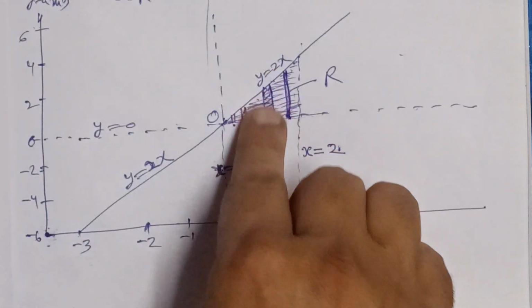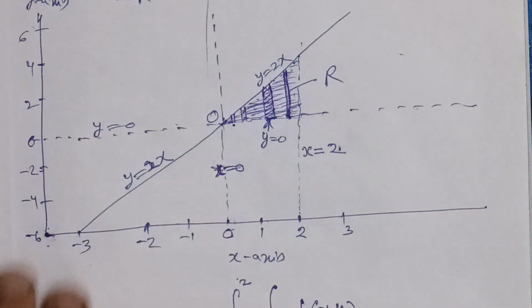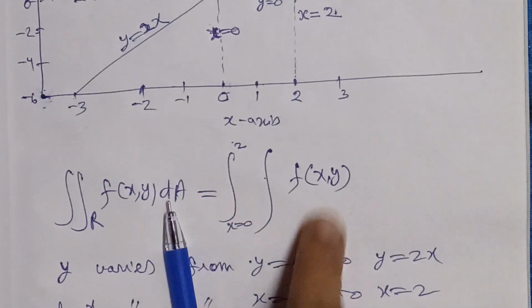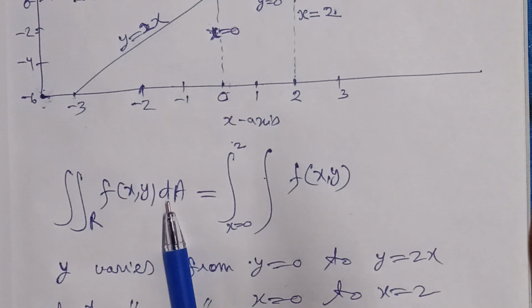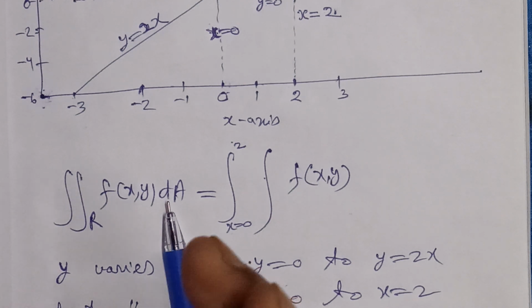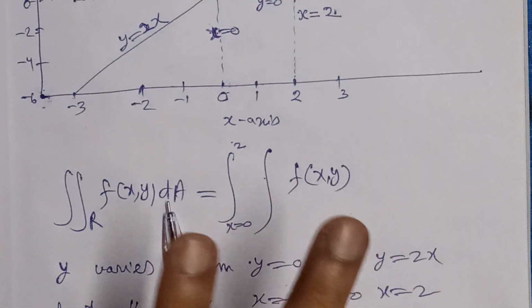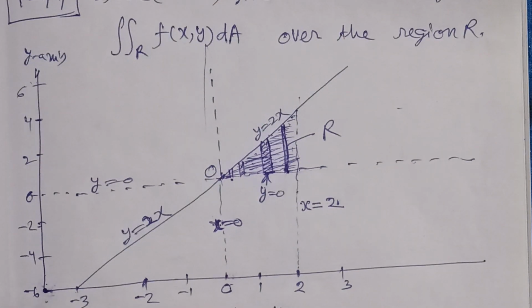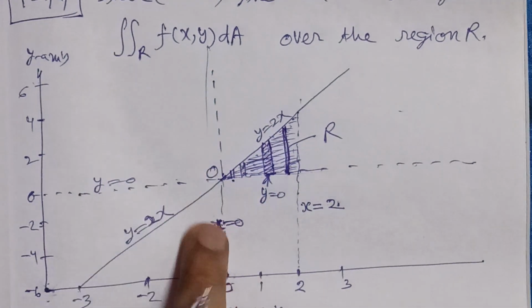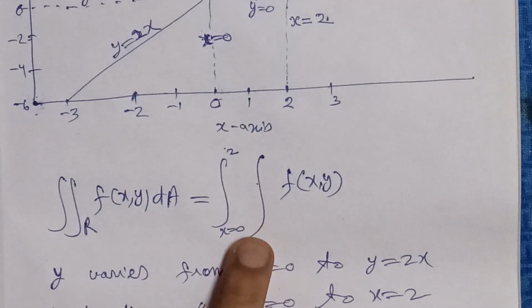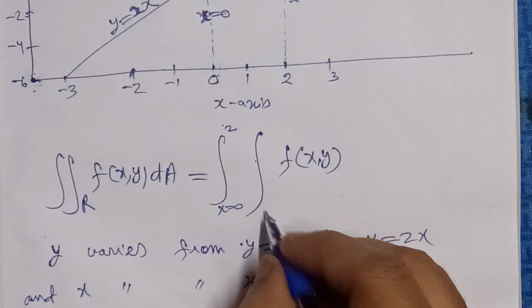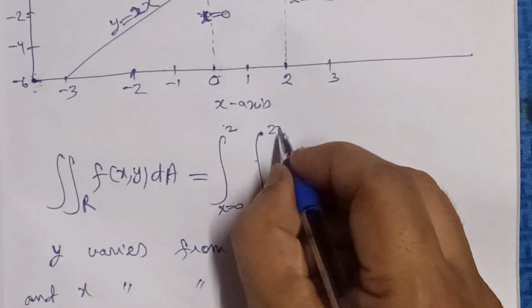But here I take only strips parallel to the y axis. The answer also varies with these two, so I tell you both methods. First I take a strip parallel to the y axis, then I write the constant limit first, and then the variable limit. The variable limit I write here: y equal to 0 to 2x.